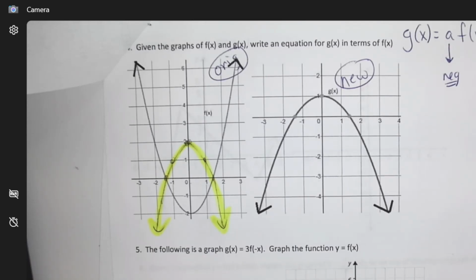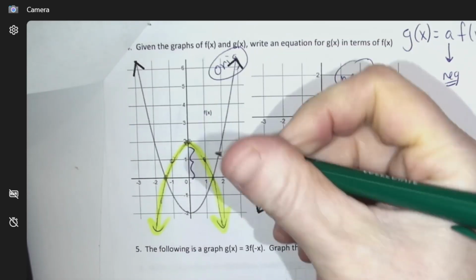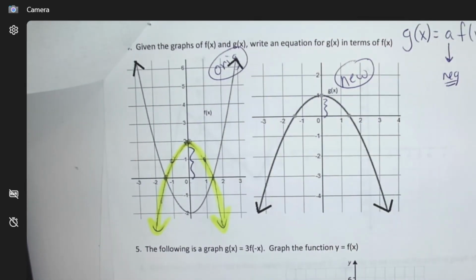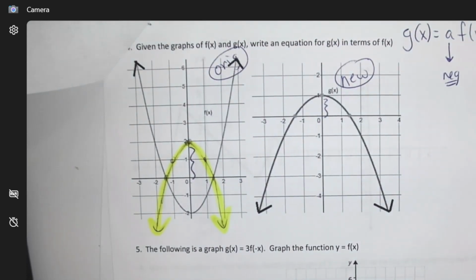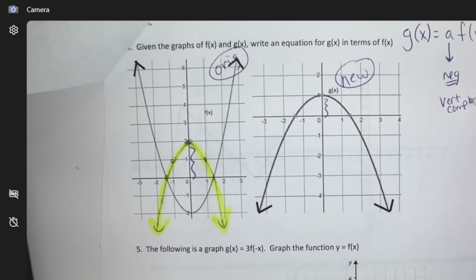Vertically compressed. So if I look at the vertical space in that zone and the vertical space in that zone, what do you notice? Half, right? Okay, so vertical compress by 2.